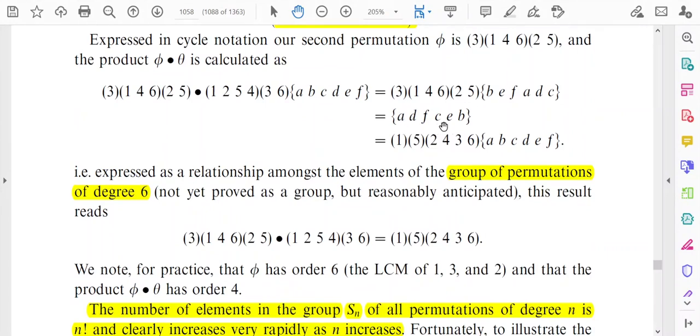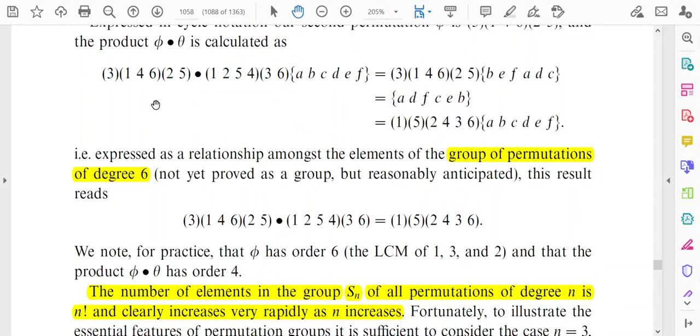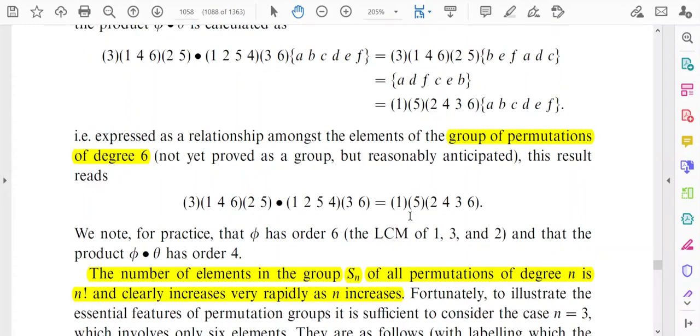Now ADFCEB can be written in terms of ABCDEF if we write (1 5 2 4 3 6), which acts on ABCDEF and gives us ADFCEB. So we can say that the product of phi and theta is equivalent to (1 5 2 4 3 6).